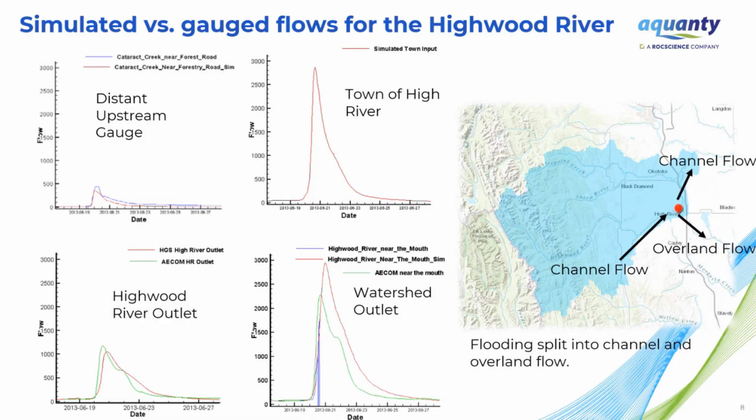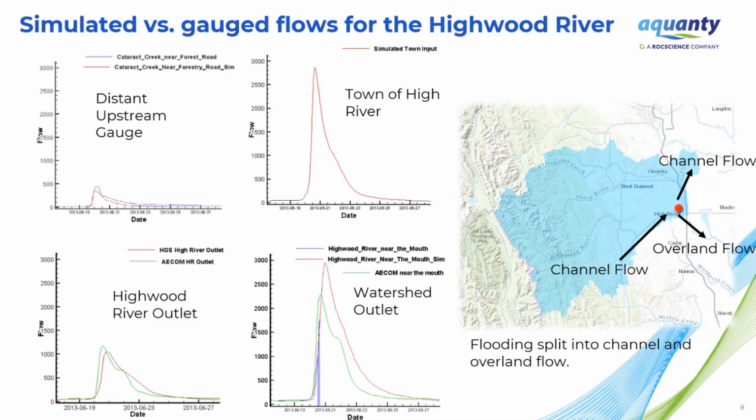We were peaking at just shy of 3,000 cubic meters per second inflow into the town of High River, and that would have been just upstream of the town itself. Some additional flood modeling had been done prior to this by AECOM, and we had access to some of their modeled results.